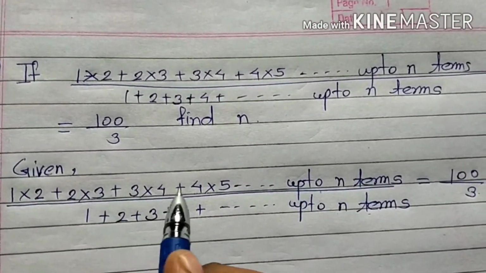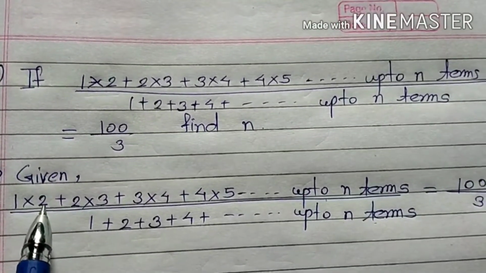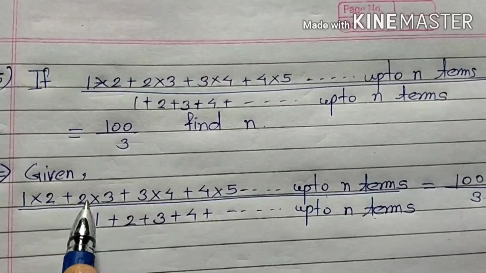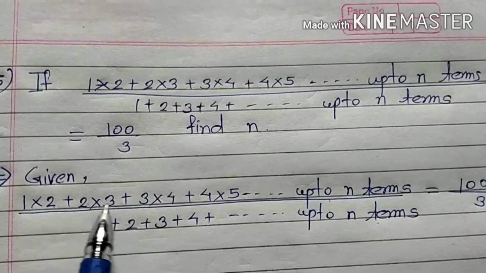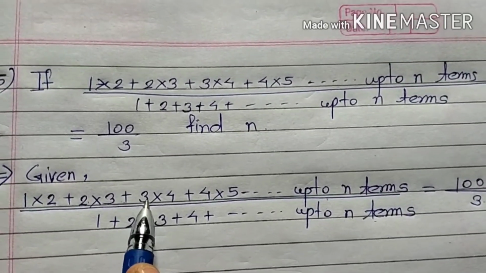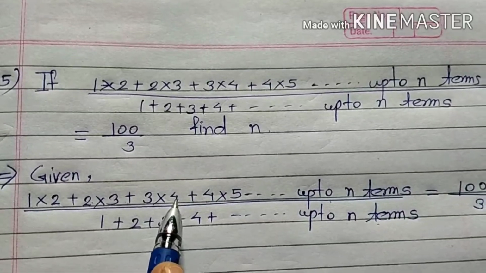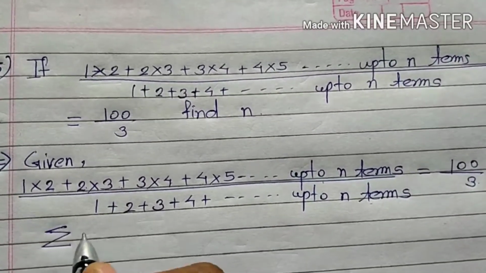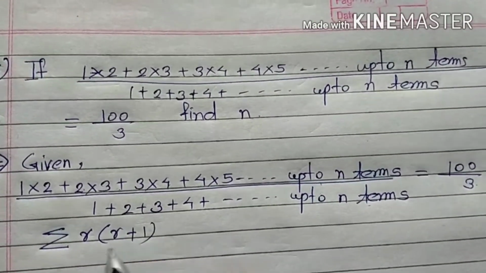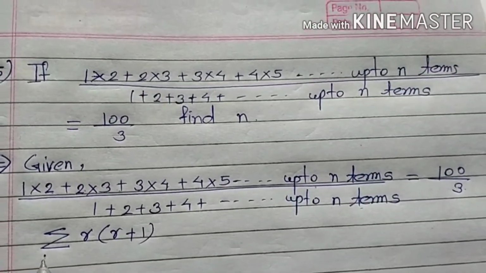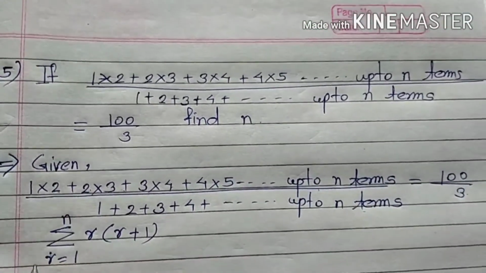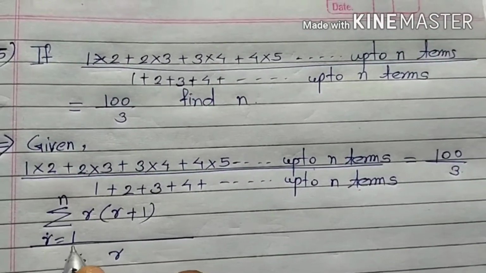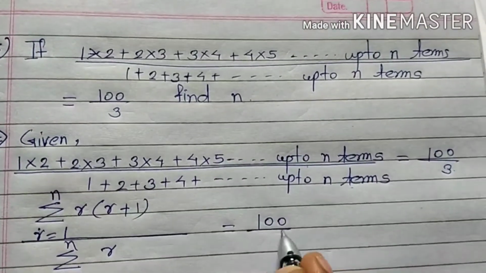Next 2, 3, 4, 5 means this is r plus 1. Suppose r is 2, then r plus 1 is 3. Suppose r is 3, then r plus 1 is 4. So I am taking it like that. Summation of r(r+1) where r runs from 1 to n, upon summation of r where r runs from 1 to n, which is equal to 100/3.